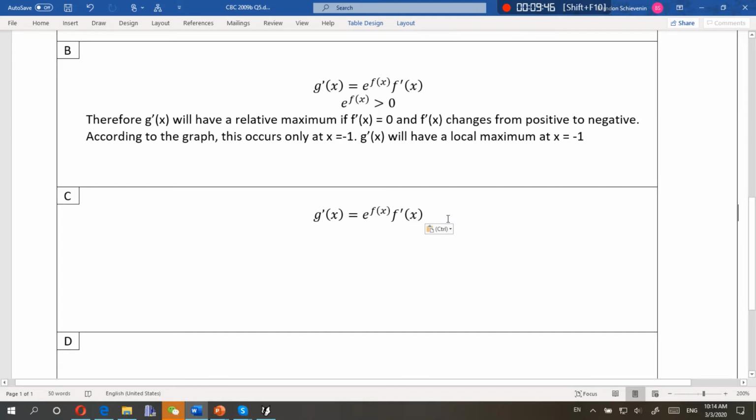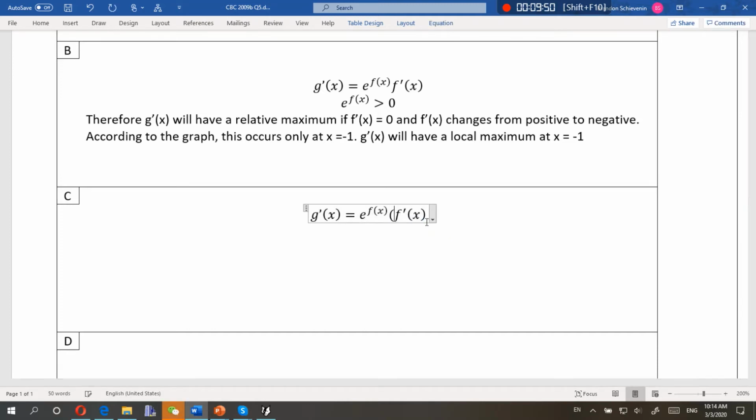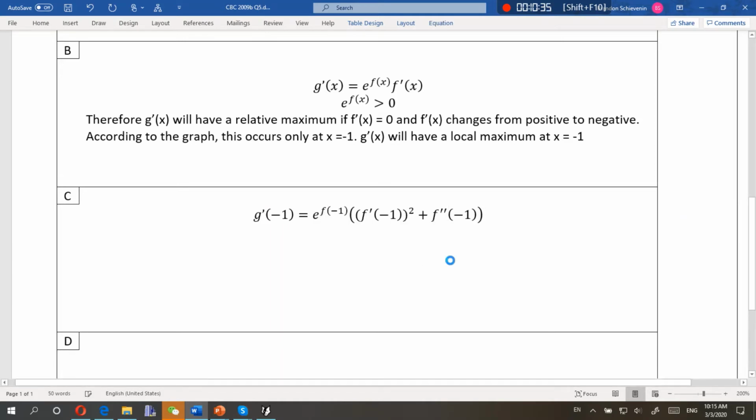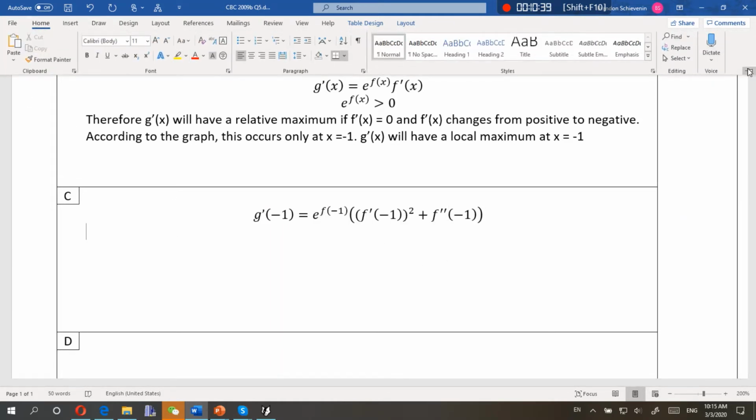So we said this so far. So we're going to write this out again.